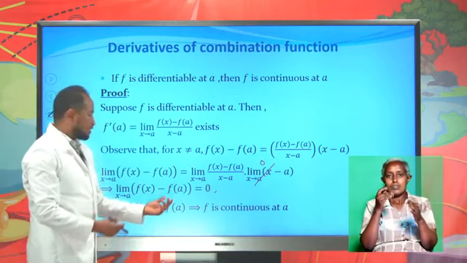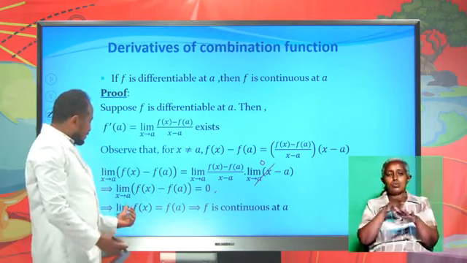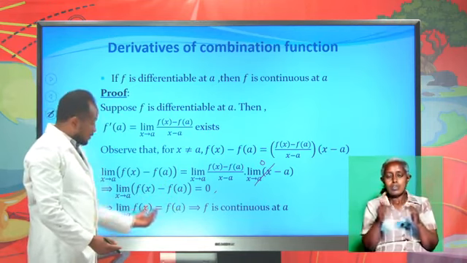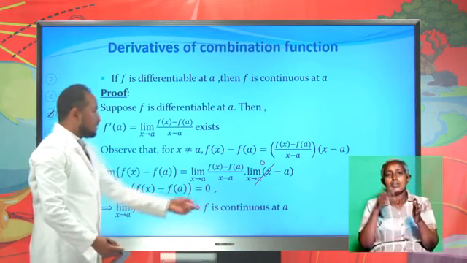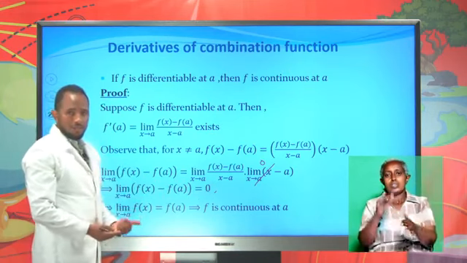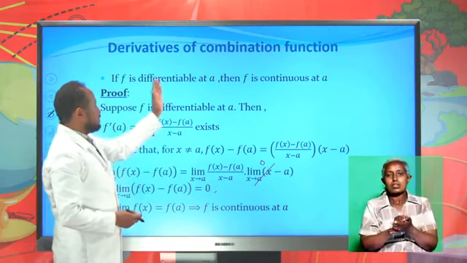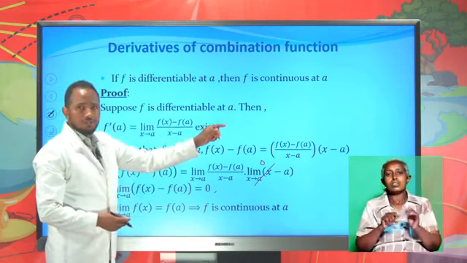Since f of a is constant, it's itself. Therefore, the limit of f of x when x approaches a is equal to f of a. So this shows us f of x is continuous at a. We can conclude that if f is differentiable, then it is continuous.